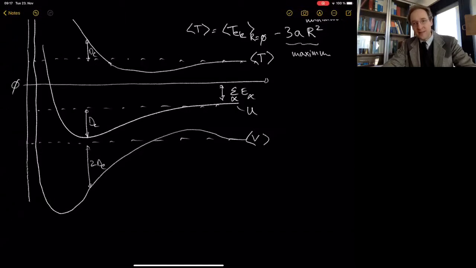So this kind of partitioning constitutes the first order level of a deeper understanding of the chemical bond in terms of energies and physically meaningful quantities.